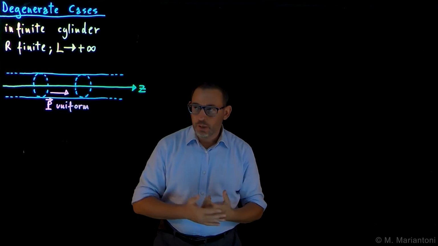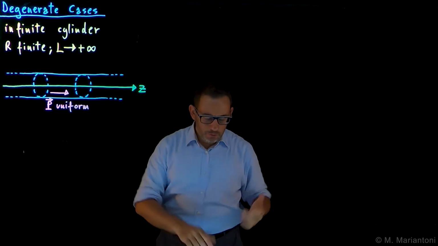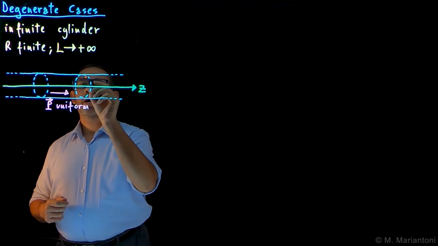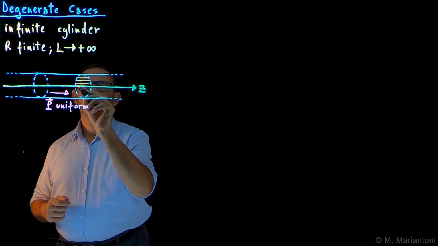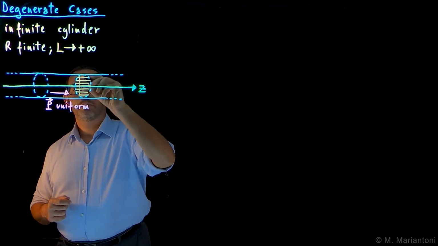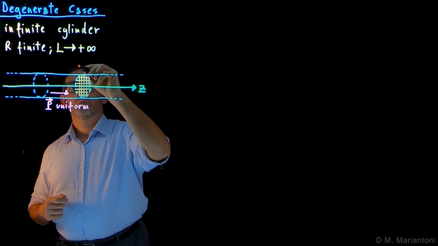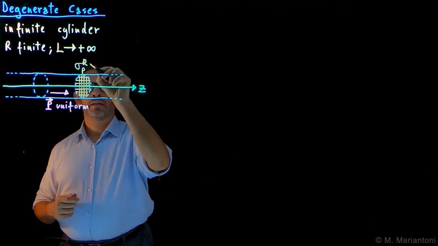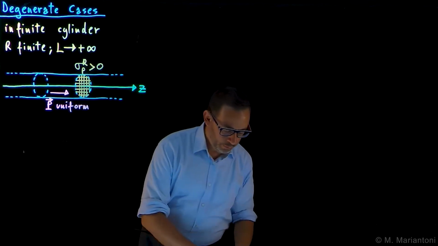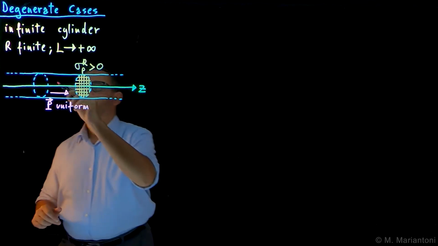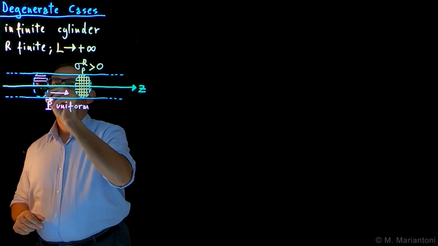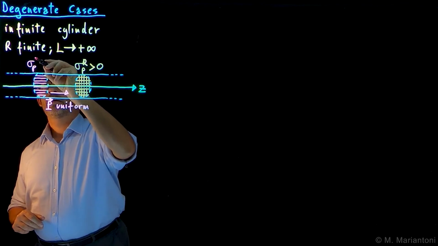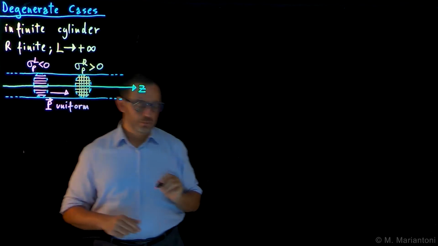So in this case, we are going to the limit of what we studied in the previous example. In the previous example, we had on the right hand side a positive charge density, sigma polarization on the right, larger than 0, whereas on the left we had a negative density, sigma p left, smaller than 0.